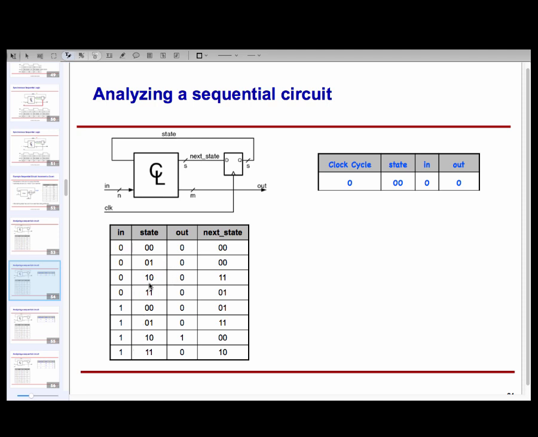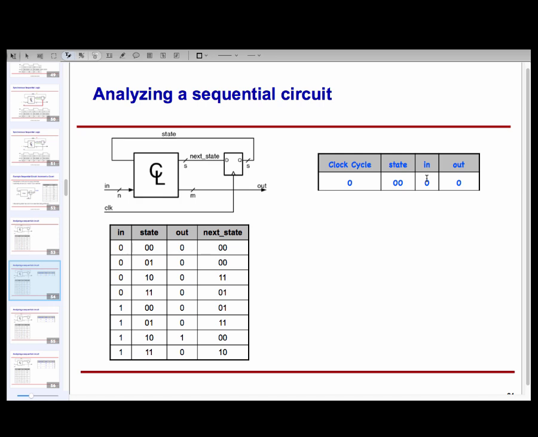Now looking at this, I can talk about what the behavior would be. So let's say at some point in time, or maybe when the system powered up, at the very beginning, current state is 0, 0. So somehow I arranged that my register, the two D flip-flops, which are also referred to as register, has 0, 0. And let's say at that point in time, input is 0.